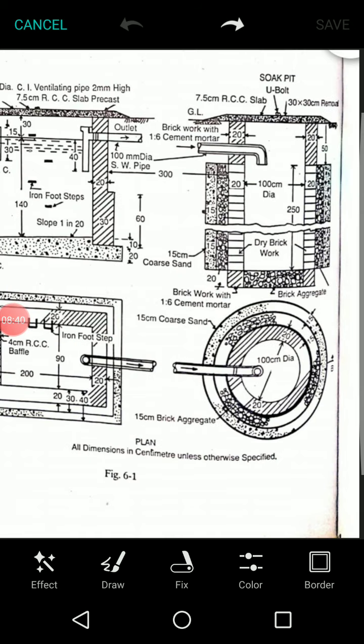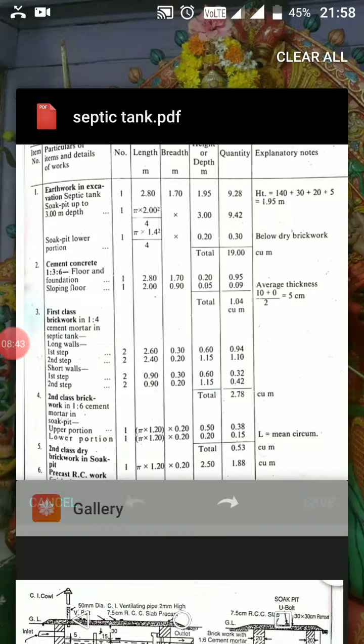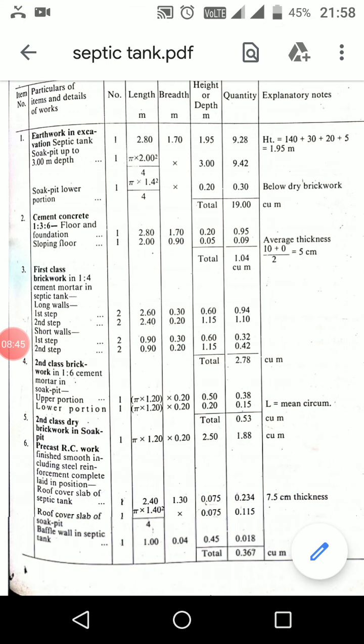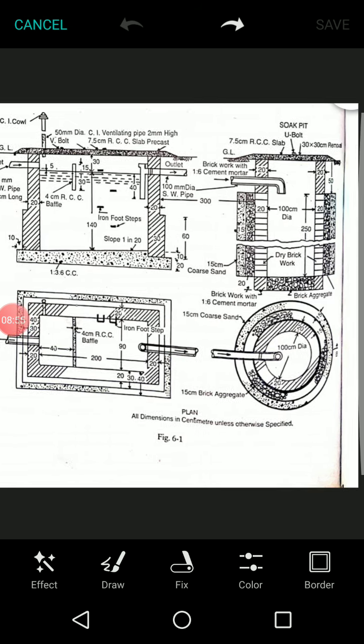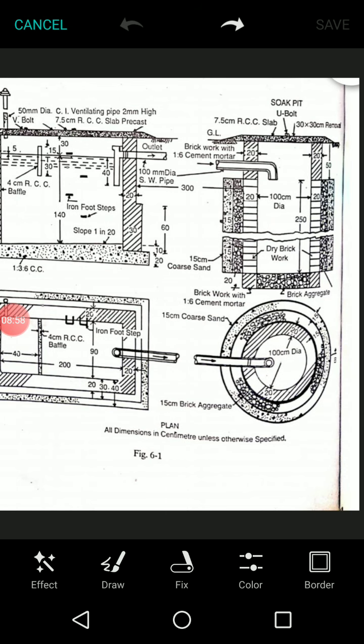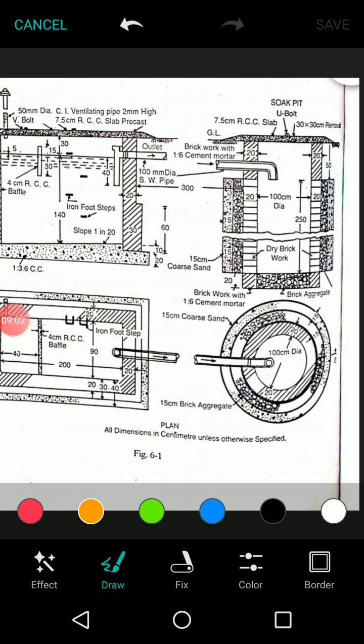That's why they have written 2 meters as the diameter, and the height they have taken as 3 meters. So it is 3 meters below the ground level. If you want, you can observe here: below the ground level up to the dry masonry it is 50 centimeters plus 250 centimeters.